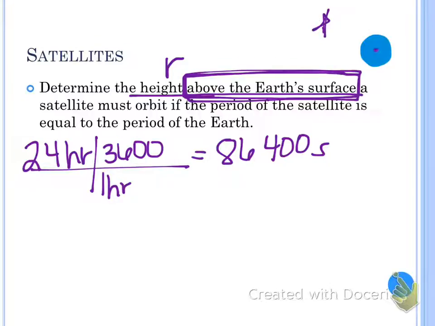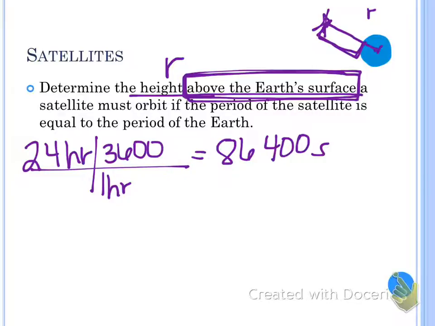But the radius that we solve for will be from the center of the Earth all the way to the satellite. So at the very end, what are we going to have to do after we solve for this whole radius? Exactly, we subtract out the radius of the Earth to get just this distance. I want you to have that in the back of your mind. Does that part make sense?